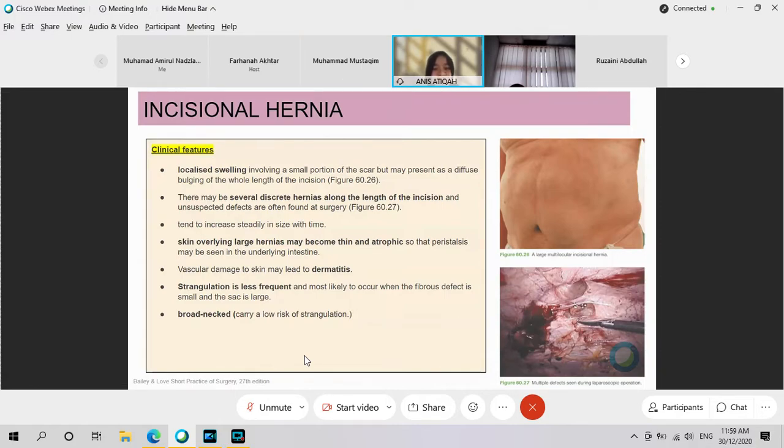Doctor, is it linea alba? Because it's midline. No? What is the strongest layer of the abdominal wall? Rectus sheath.